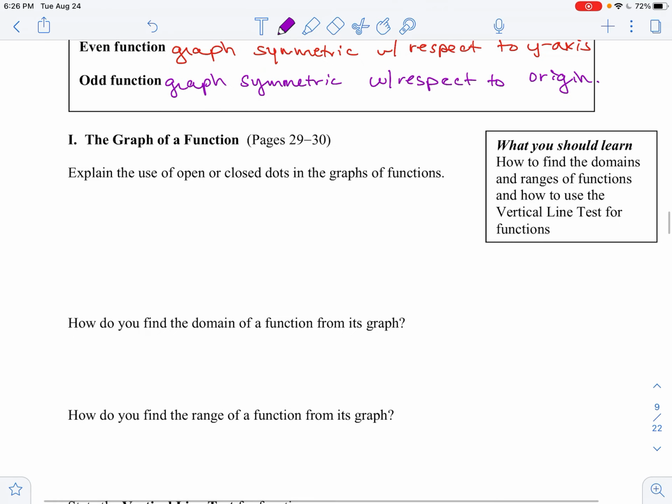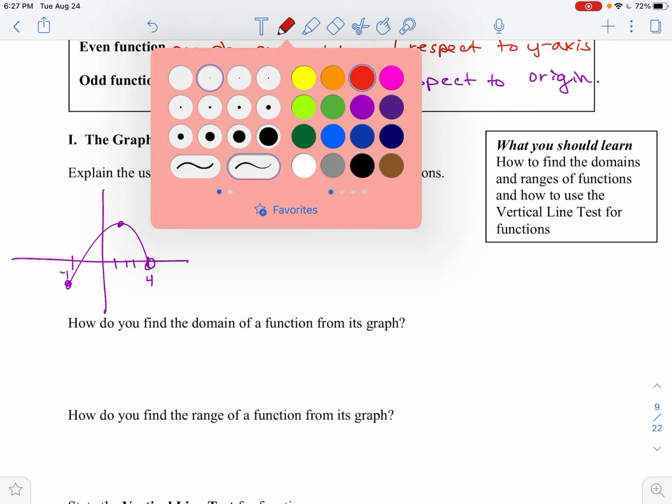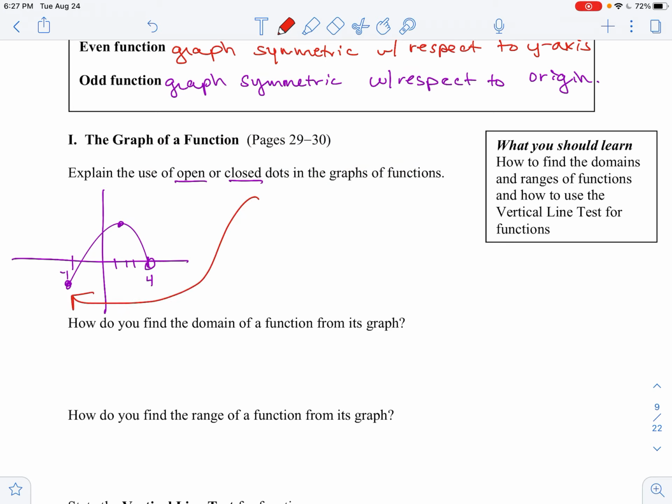So let's talk about what these graphs are. If we're talking about open or closed dots, let's say, for example, we have a graph that looks like this. We have these, and then this is open right here. And here's this, and here is this, and so on. Because this is a closed dot, it tells me that the x value of -1 is in the domain.